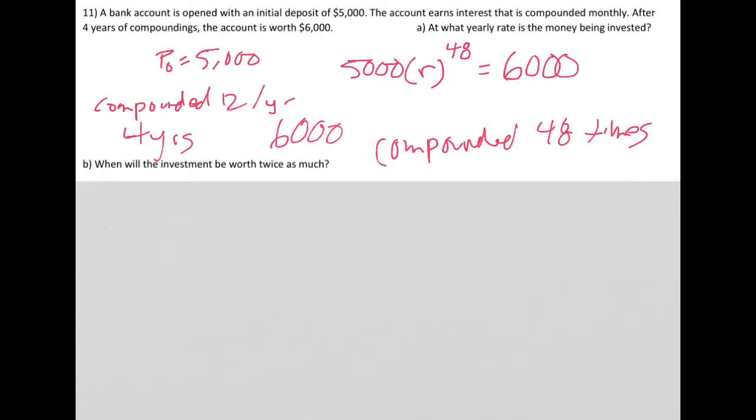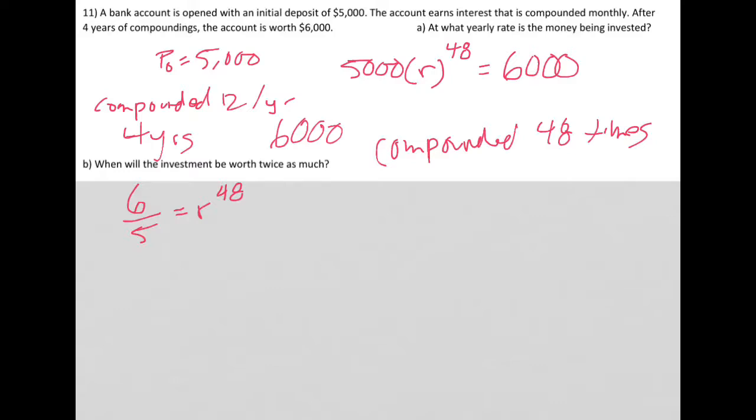6,000. And so we can solve for r in this expression by taking 6,000 and dividing it by 5,000. So we will get 6 over 5, because all those zeros cross off, and that will equal r to the 48. This is going to be weird, but we're going to take the 48th root of both sides.